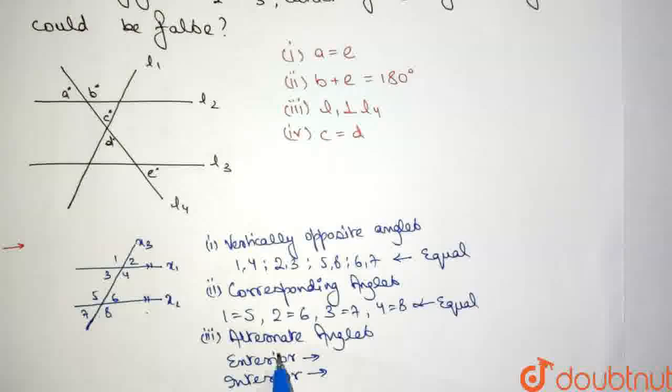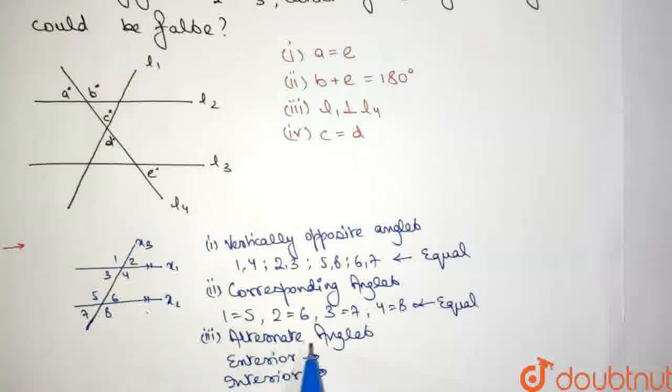Alternate means on the opposite side and exterior means outside. So who's opposite and who's outside. Obviously there are two parallel lines, so we can look outside the scope of these parallel lines. If this is the interior region, this top side and this bottom side could be considered outside, right?